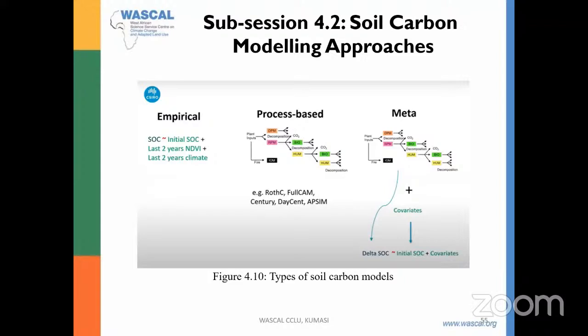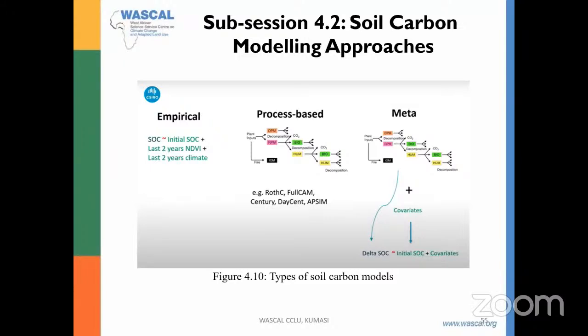The empirical model mostly deals with initial or baseline measurements and several environmental covariates that we can have, such as NDVI, climate, and other factors. The process-based has to do with the mechanisms inherent within the soil, from the transfer to the storage of the carbon.